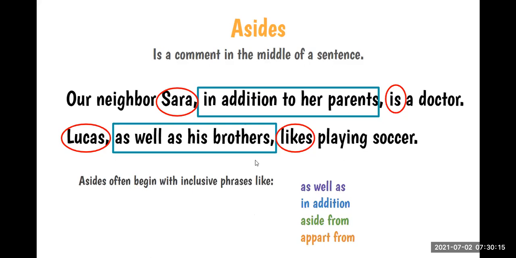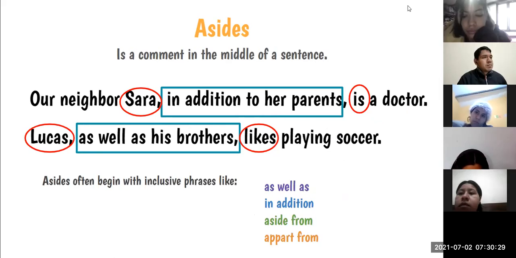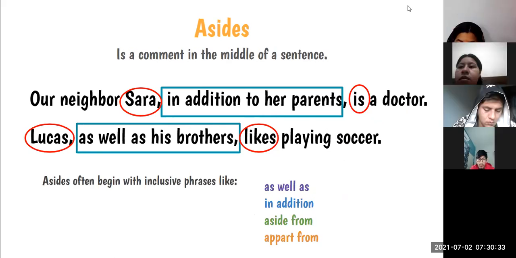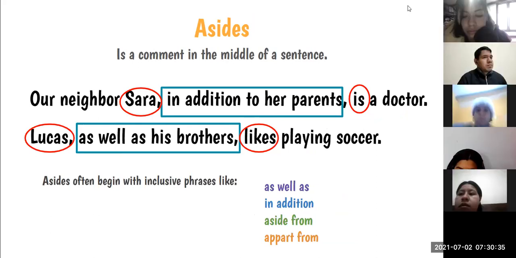So we learned different ways in which we can agree subject with verbs, right? Do you remember the first one? The first exercise we did? Indefinite pronouns.